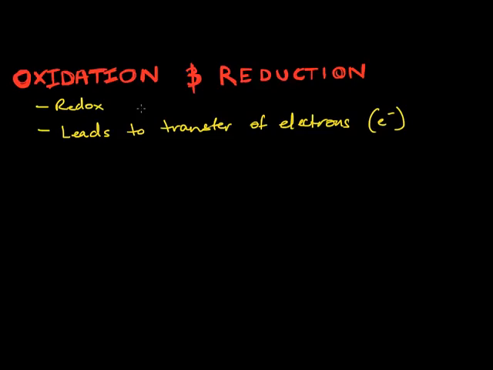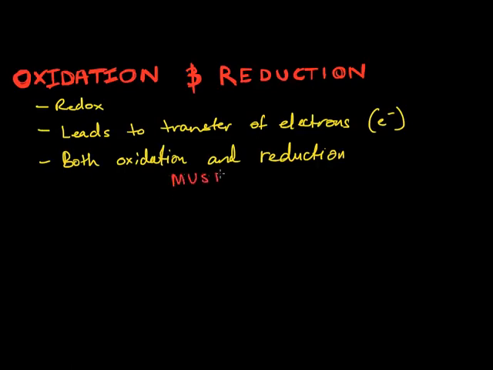Now, because there is something called the law of conservation of mass, which basically says nothing can be created or destroyed, a redox reaction cannot really occur unless both of them are coupled. So in redox reactions, both oxidation and reduction must occur.